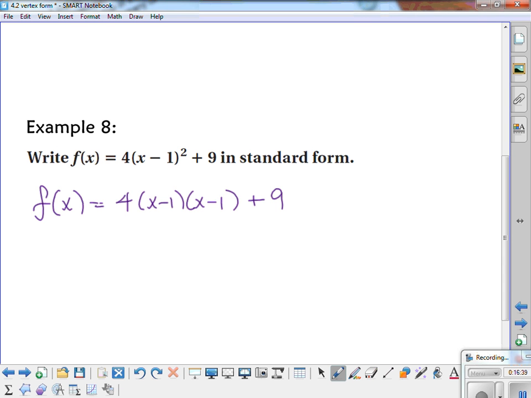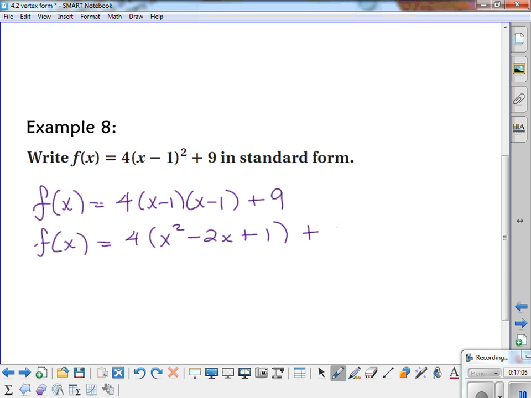Okay, I'm going to take care of my parentheses first. Then I'm going to multiply my 4. And adding the 9 is the last thing, right? In order of operations, adding is going to be the last thing we do. So don't add the 9 too soon. All right, so x minus 1 times x minus 1. I get x squared minus 2x plus 1.